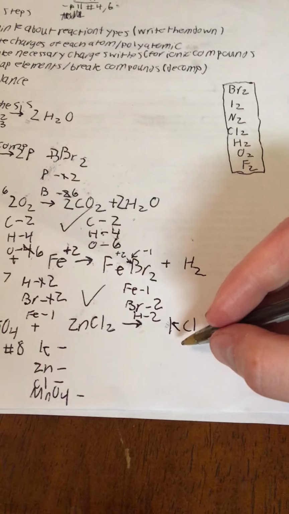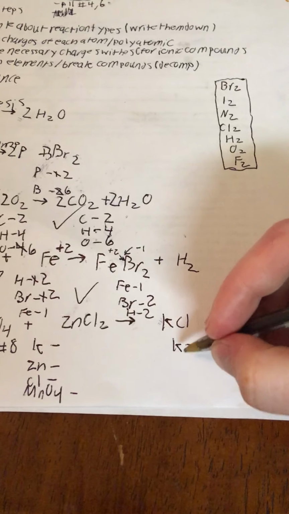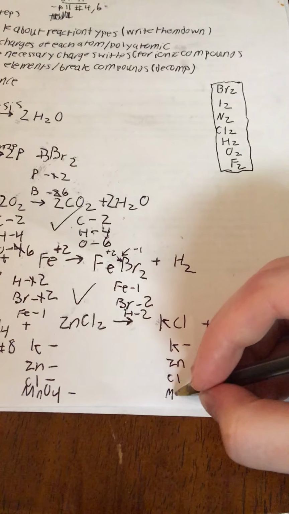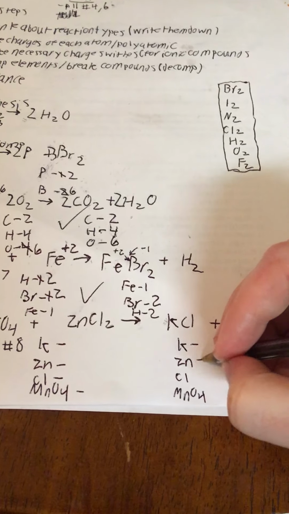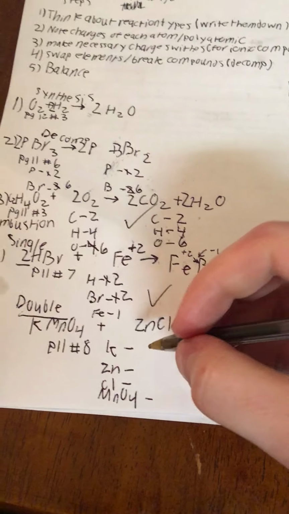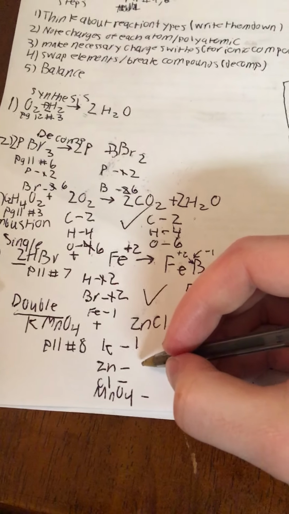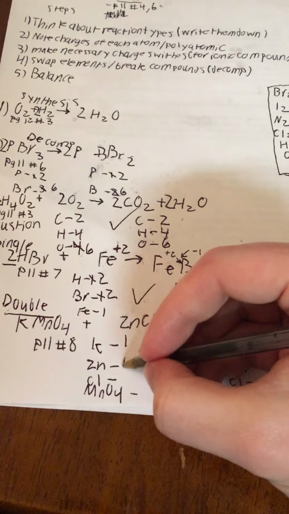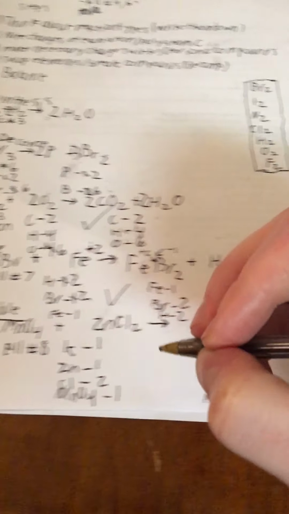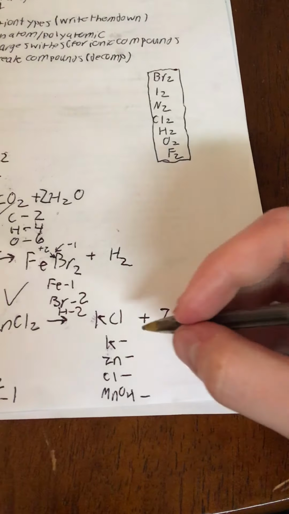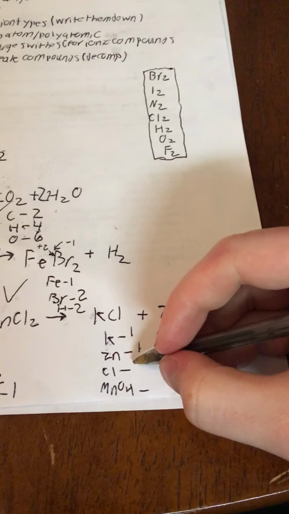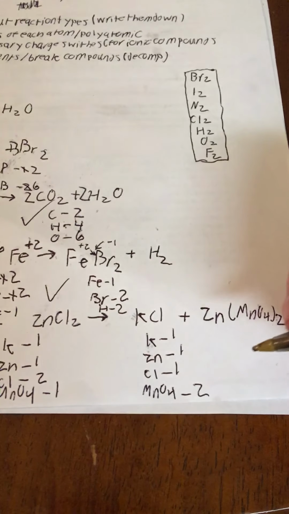I think that's just a little neater. K, Zn, Cl, and MnO4. All right, so let's go ahead and get a count. There's one potassium, one zinc, 2 chlorines, and 1 permanganate. And over here, there's 1 potassium, 1 zinc, 1 chlorine, and 2 permanganate.